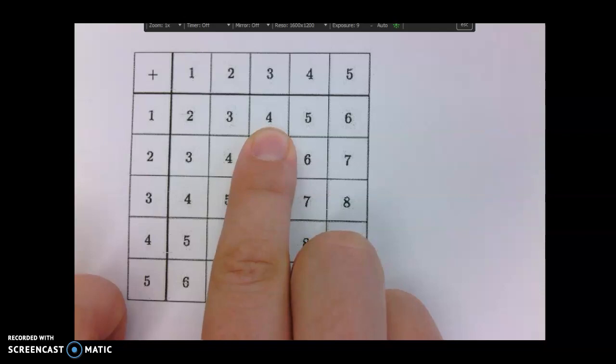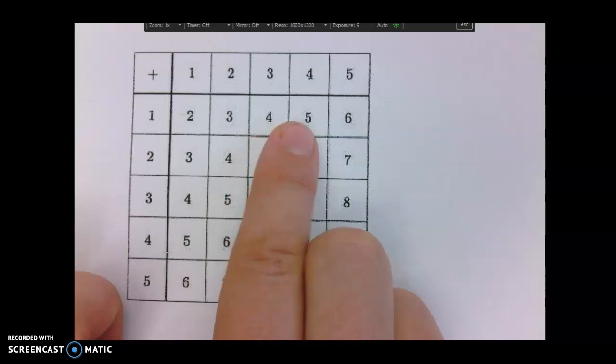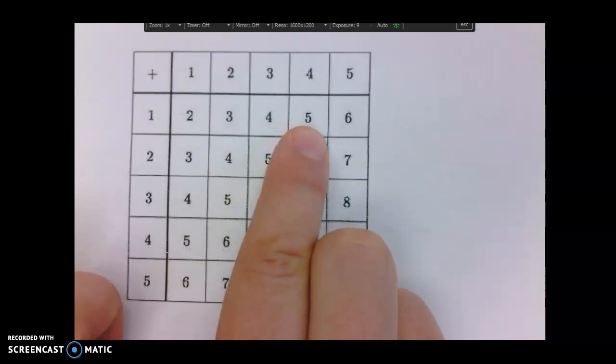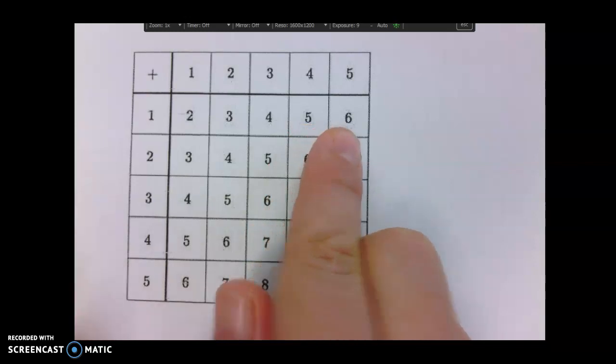Then I have 4, and I'm going to add one more. So 4, is it even or odd? Good, it's even. So I have an even number, and I'm adding an odd number, which gives me 5, which is an odd number. Then I have 5 and one more, which makes 6.